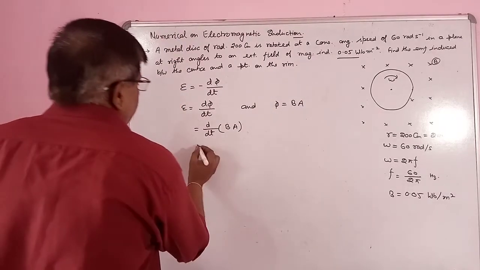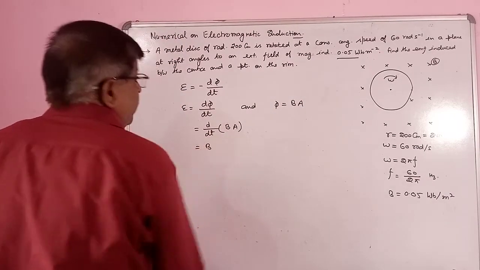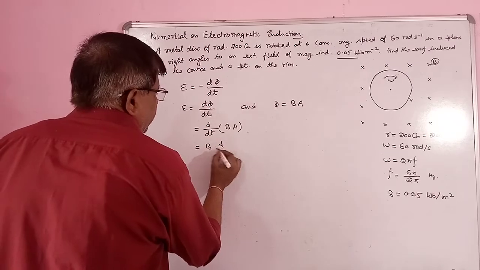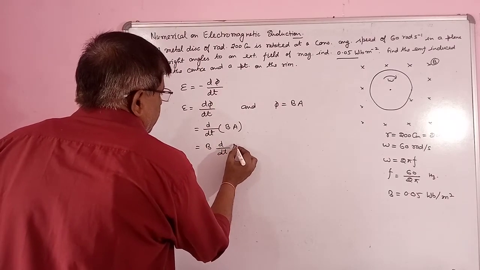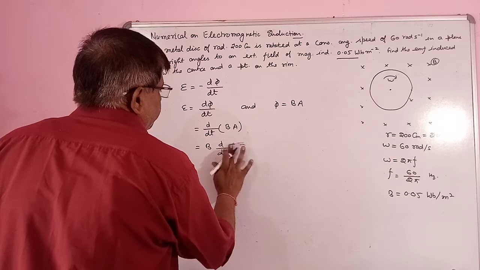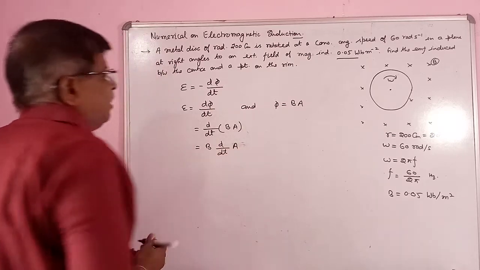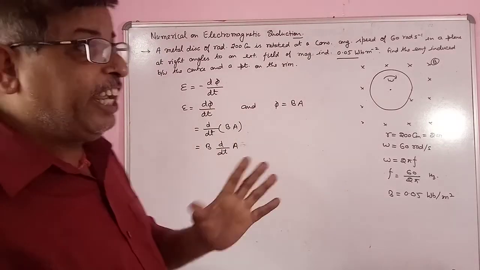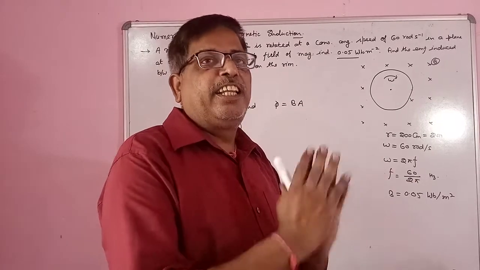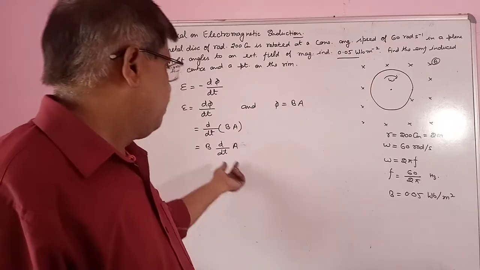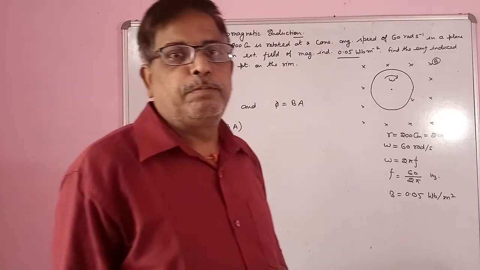For this we know the magnetic field is constant, and we need B times dA over dt, where dA is the area change in a particular time.